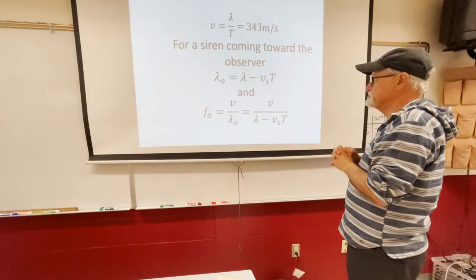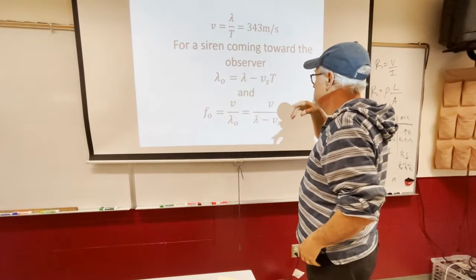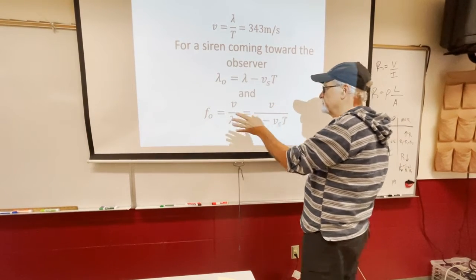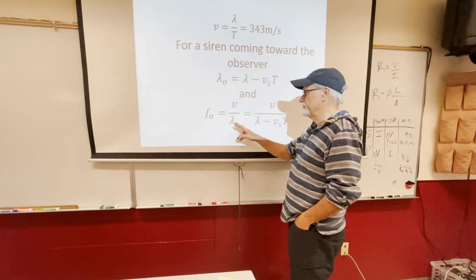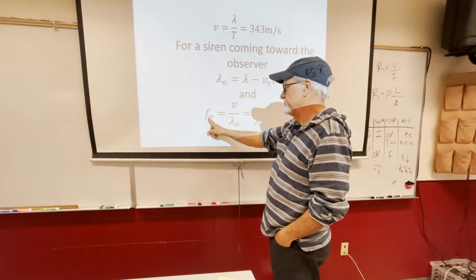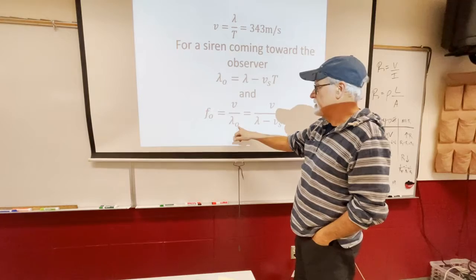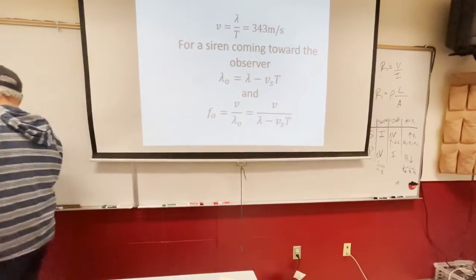Now, what's the relationship between period and frequency? They're inverse. So the frequency of the observer is the velocity divided by the wavelength.